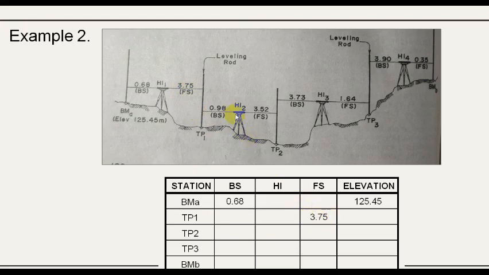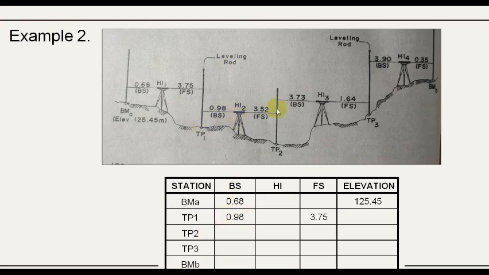Next, move ka sa atong instrument sa second setup. Then, musight ka sa turning point 1, ito tawag na backside reading, which is equals to 0.98. So, backside sa atong station na turning point 1, 0.98.